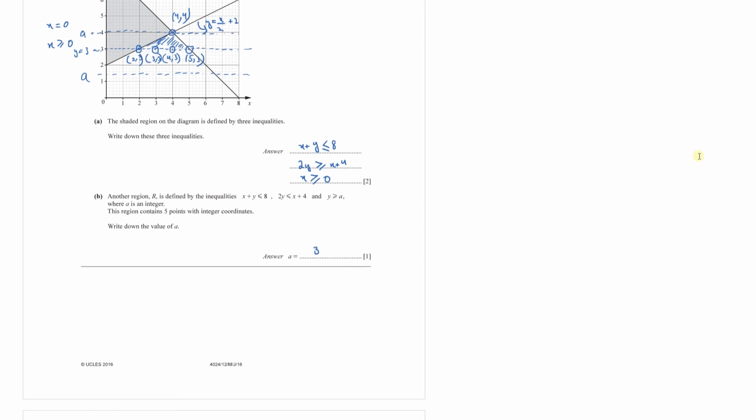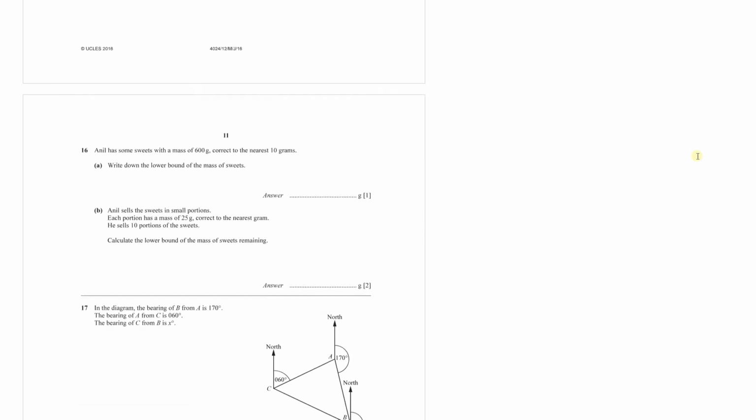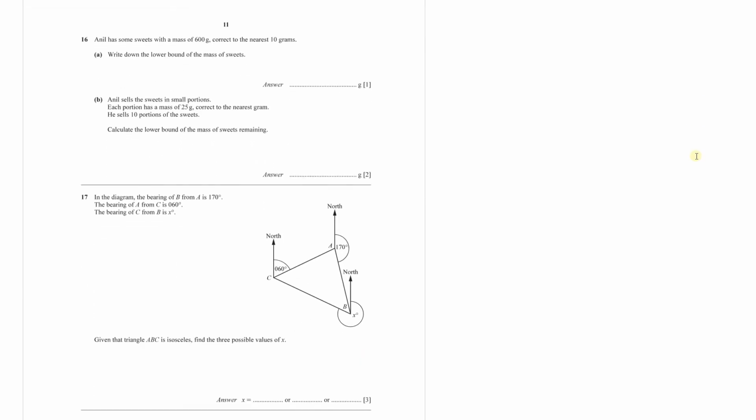All right, let's move on to the next question. Question number 16 is: Anil has some sweets with a mass of 600 gram, correct to the nearest 10 grams. Write down the lower bound of the mass of sweets. Your degree of accuracy is 10 grams, so your error is basically half of your degree of accuracy.